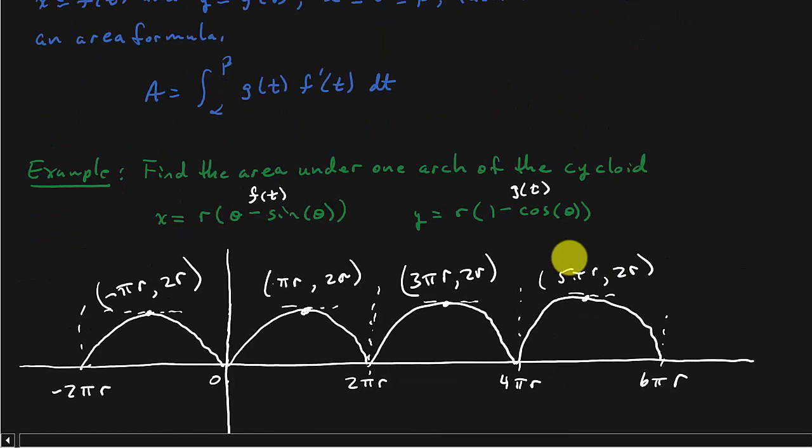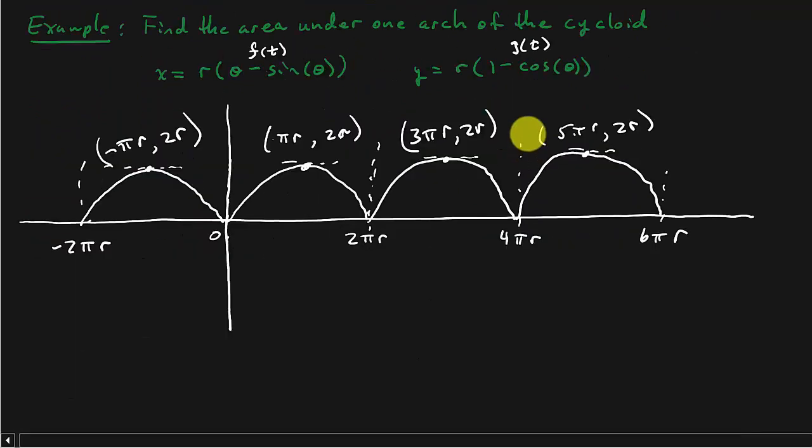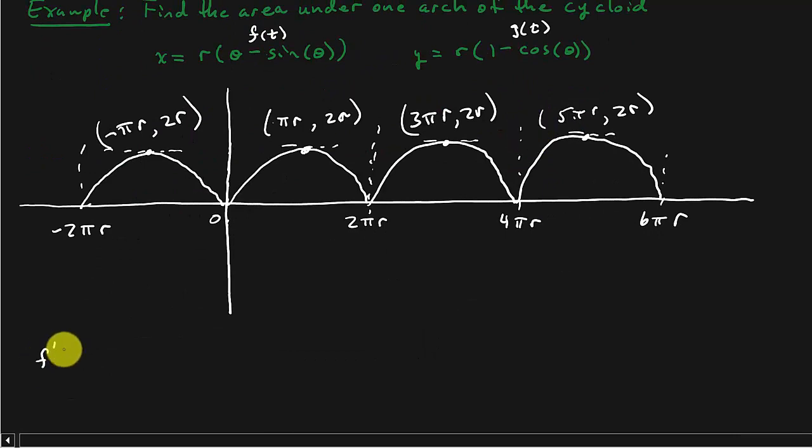So what do I get? I've got to do g of t. What do I get for f prime of t? Well, f prime of t is just the derivative of this. That's r times (1 minus cosine theta). That's f prime of t.